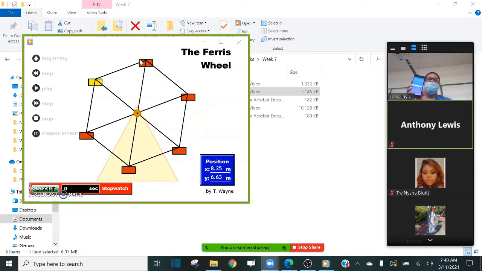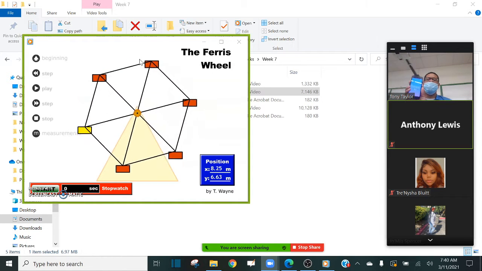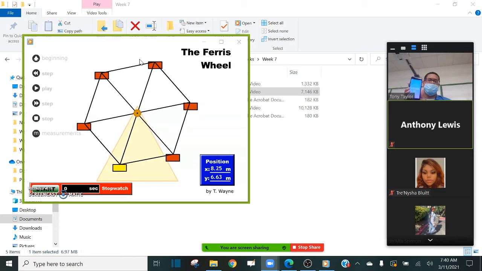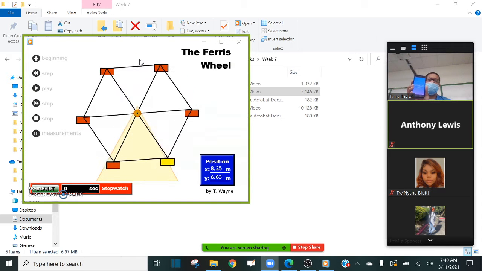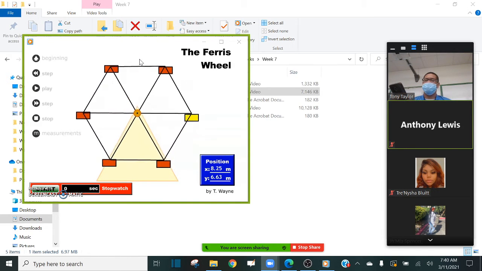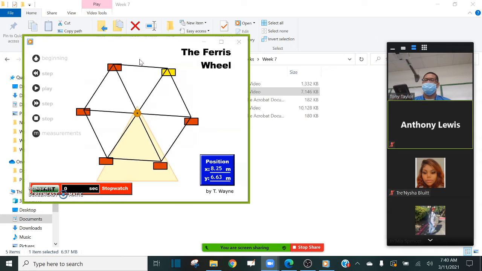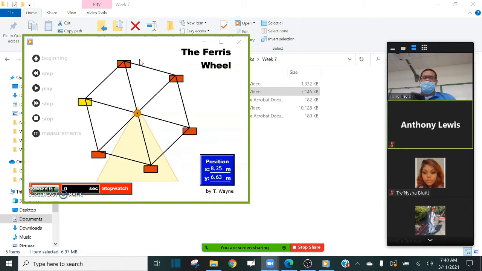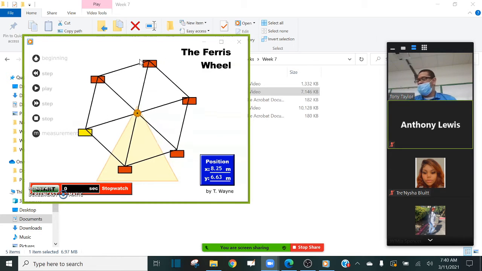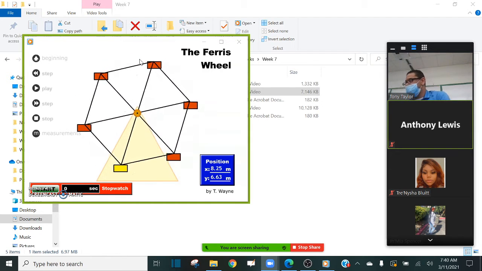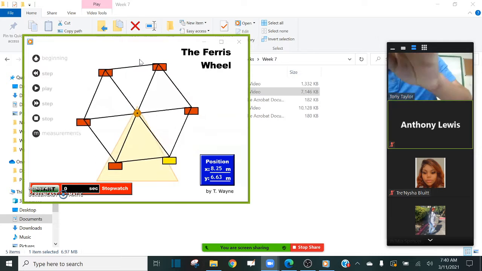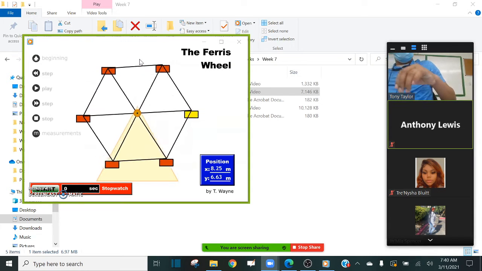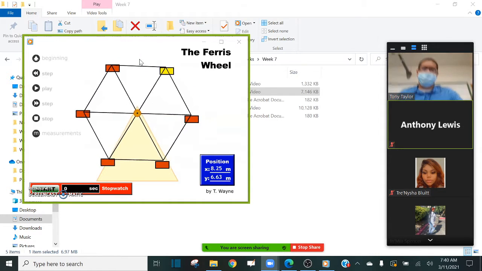Okay. So when I see the yellow box come back around to the top again, I'm going to stop my stopwatch. So stop. Okay. So on my stopwatch, I got 13.3 seconds. So 13.3 seconds is my period. I'm going to write that down.